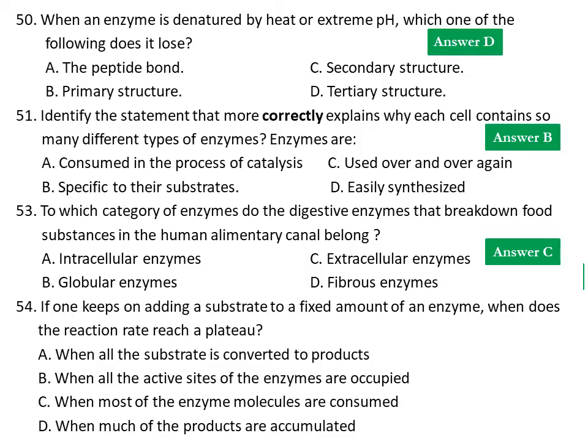If one keeps on adding substrate to a fixed amount of an enzyme, when does the reaction rate reach a plateau? A. When all substrate is converted to product. B. When all the active sites of the enzyme are occupied. C. When most enzyme molecules are consumed. D. When much of the product has accumulated. So the answer should be B. When all active sites of the enzyme are occupied.